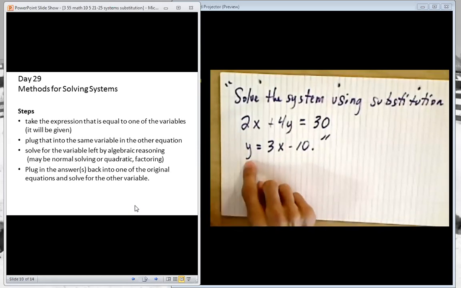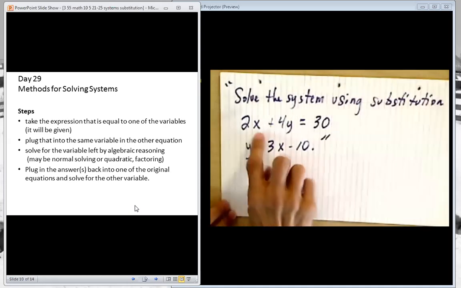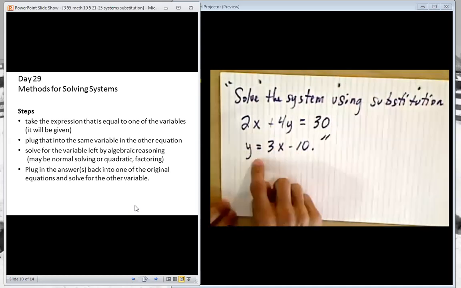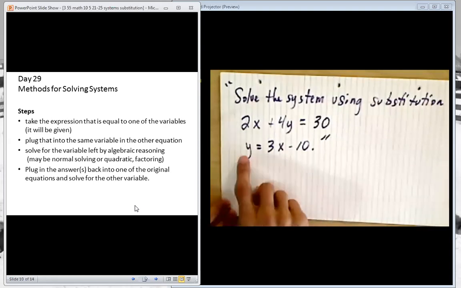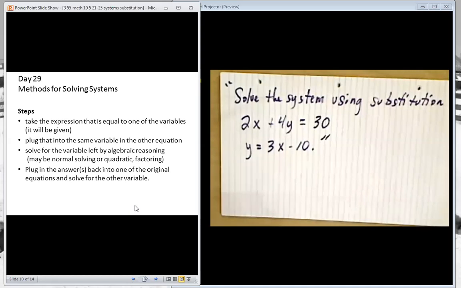You watch. Sometimes it's nicer to replace the x. And sometimes this won't even be given. It might be given like this, and you have to work it a little bit. We'll do one of those next. But for now, what makes sense? We got y is equal to all this stuff. We're going to replace the y.